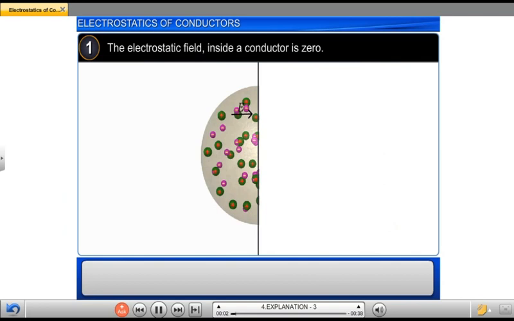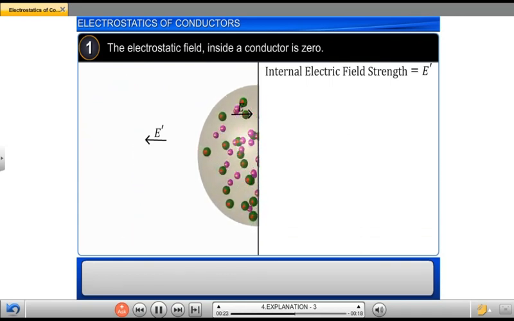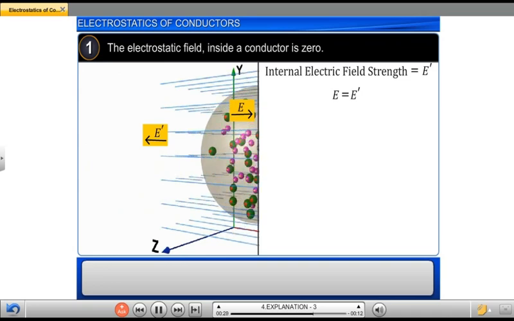These planes of charge create an internal electric field whose strength is denoted by E dash, opposite to that of the external electric field. Within a short interval of time, the surface charge density of electrons present on the left surface increases, until the strength of the internal electric field becomes equal to that of the externally applied electric field strength.